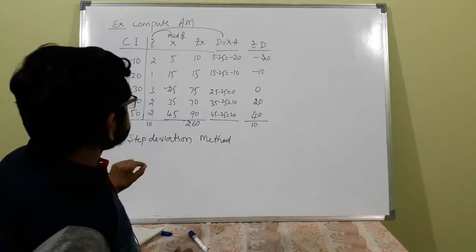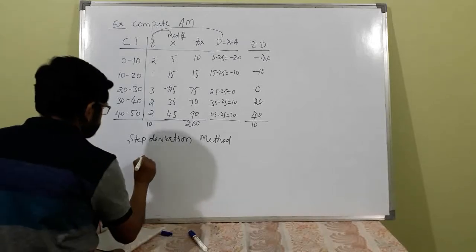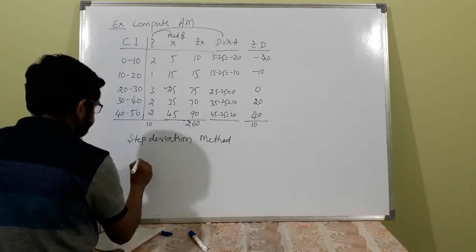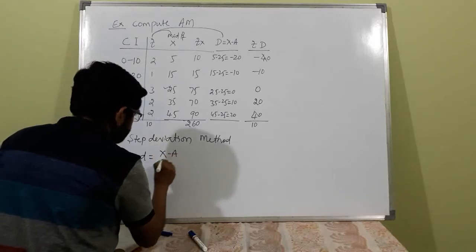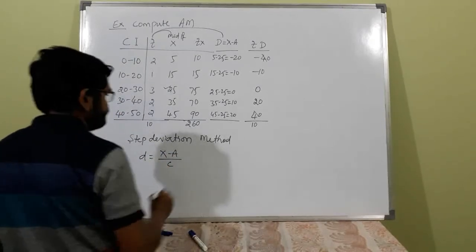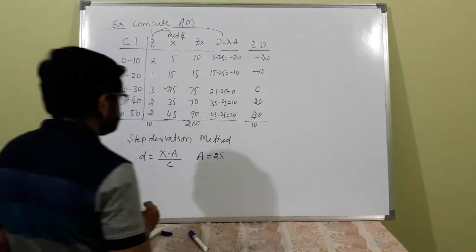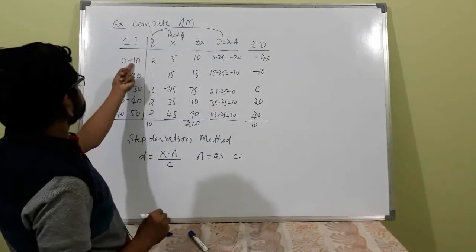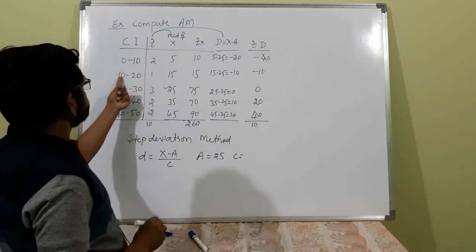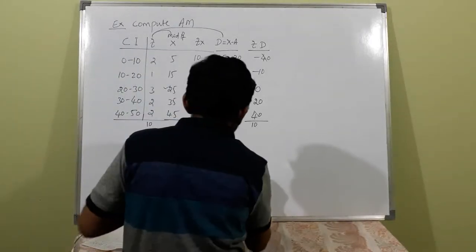Step deviation means you have to divide it by some constant. Here step deviation is d is equal to x minus a divided by c. A is assumed mean 25. C is the width of the class interval, 10 minus 0 or 20 minus 0, any class you can take. 20 minus 10, that is 10.